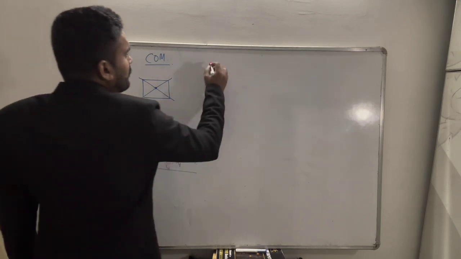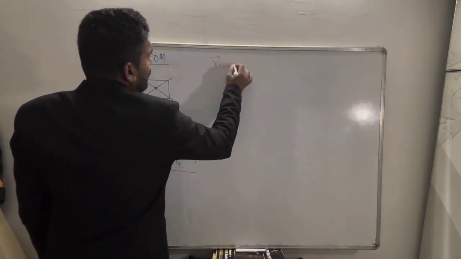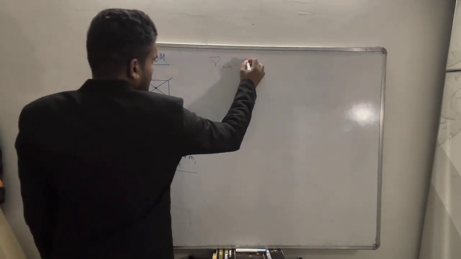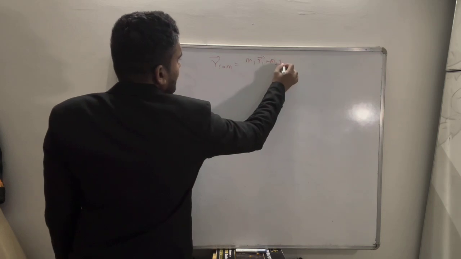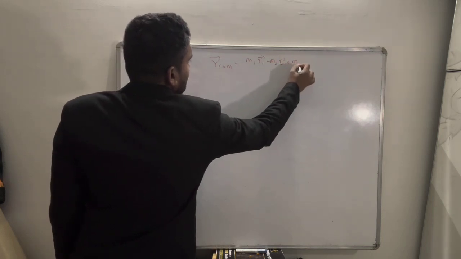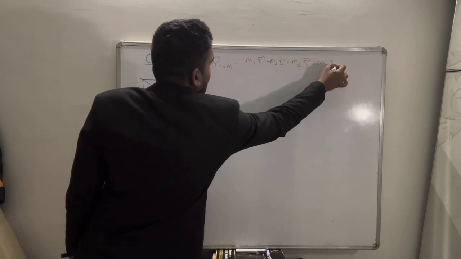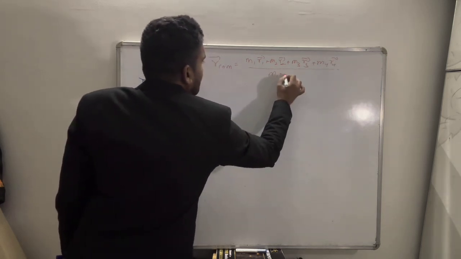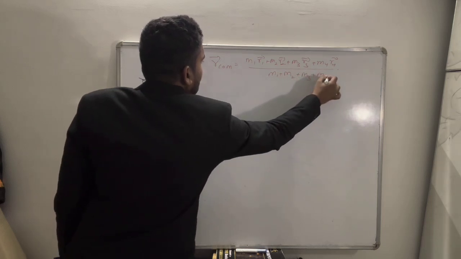So the center of mass, means the coordinate of the center of mass of this particular system, will be m1 r1 vector plus m2 r2 vector plus m3 r3 vector plus m4 r4 vector divided by the total mass, that is m1 plus m2 plus m3 plus m4.